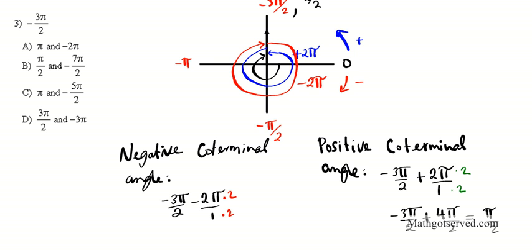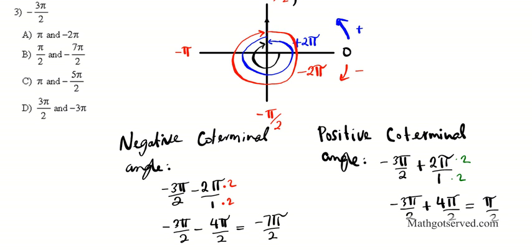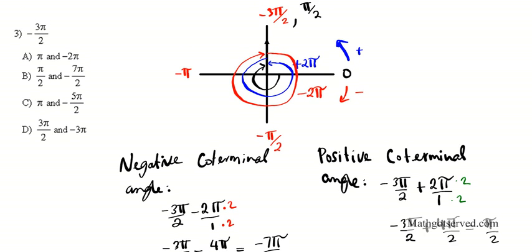So that gives us negative 3 pi over 2 minus 4 pi over 2. And then we add the tops, negative 7 pi. The denominator stays the same. And there goes my negative coterminal angle. So the negative coterminal angle is negative 7 pi over 2.